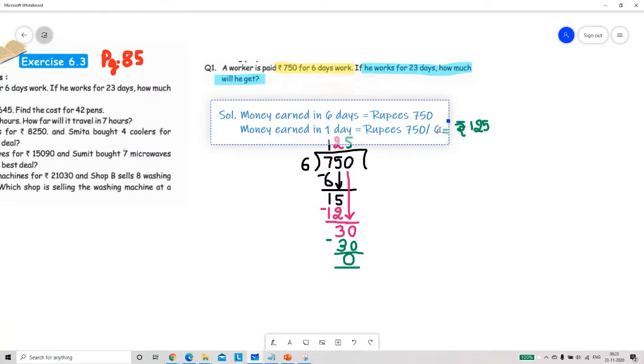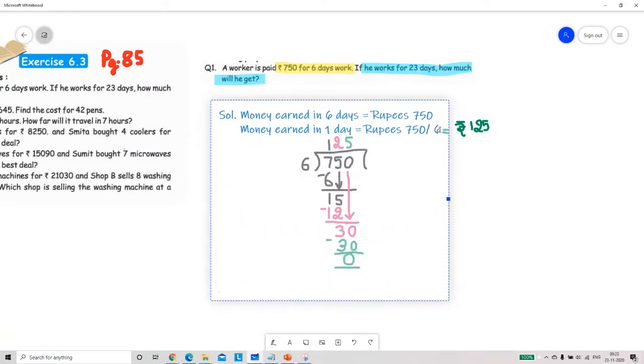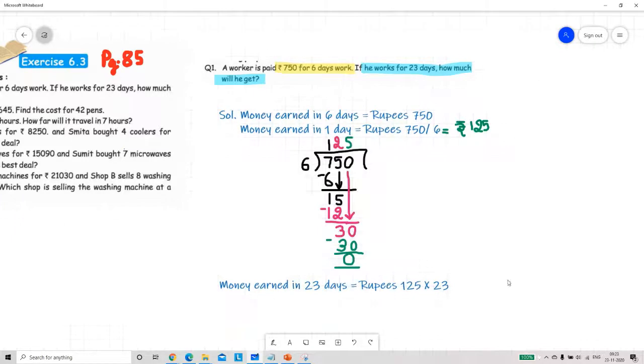The next statement will be: money earned in 23 days is equal to rupees 125 multiplied by 23. So let's multiply 125 rupees by 23.